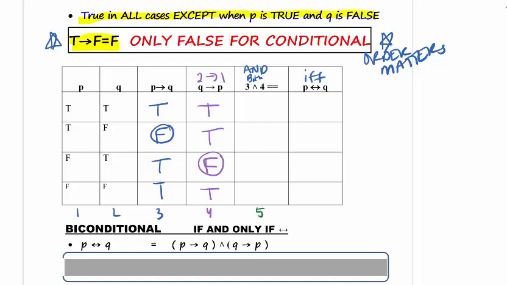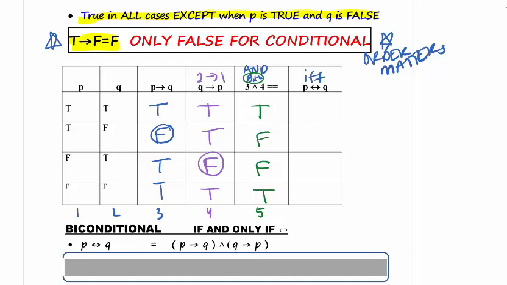So column 5 is saying take it in both directions and using an and, which means both have to be true. So starting here, true then true, that works. They're not both true, so it's false. They're not both true, that's false. The last one, they're both true. So my definition of my if and only if is actually exactly what I just did in column 5.